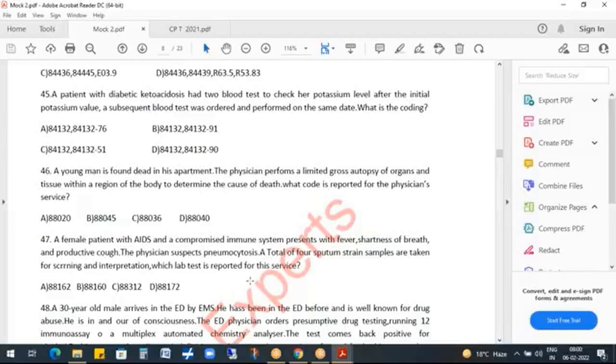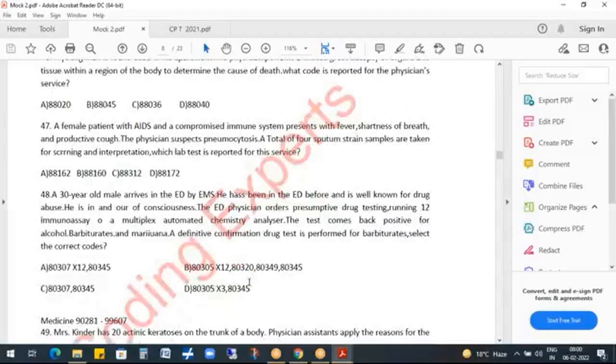Okay, yes, sir. And in question 48, I coded it as 80305 times 12. Why should we not? See, when you are seeing the codes, I said go and see the rules in your pathology book.